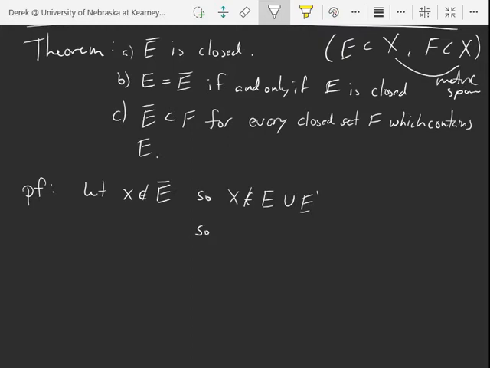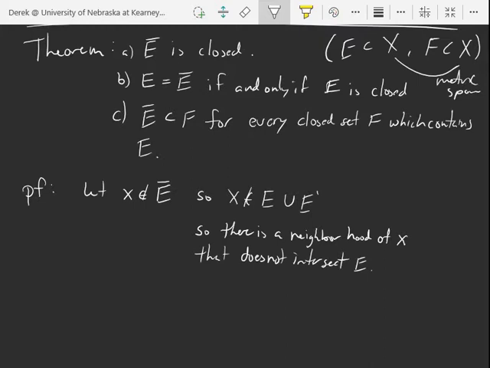So there is a neighborhood of X that does not intersect E.